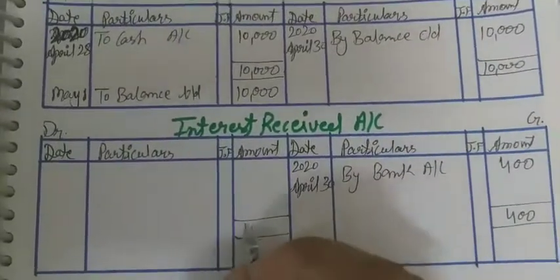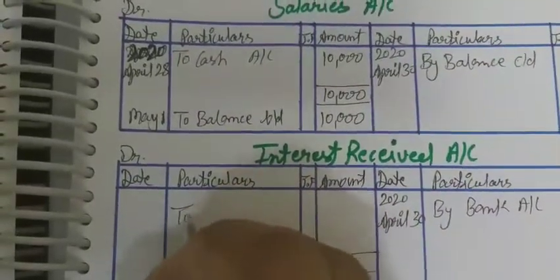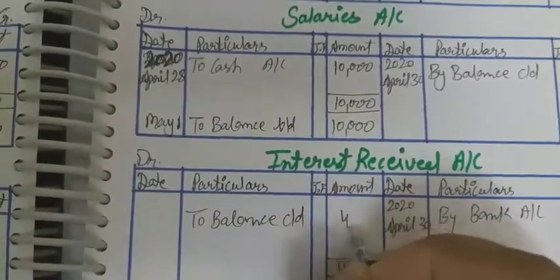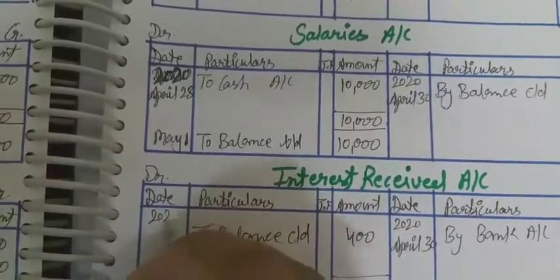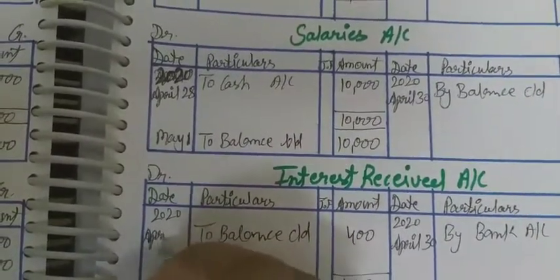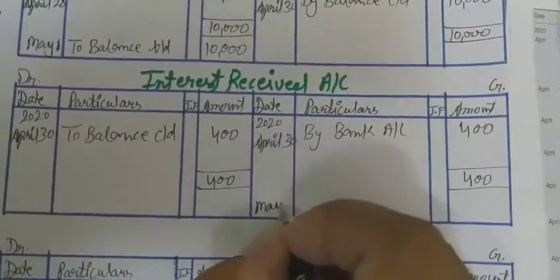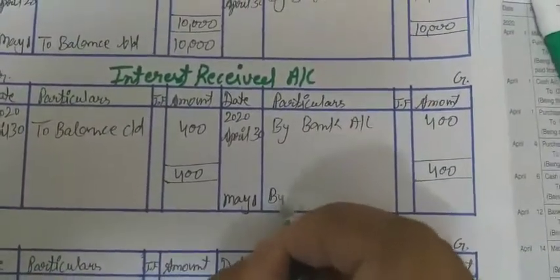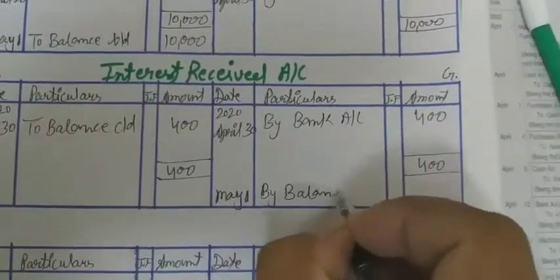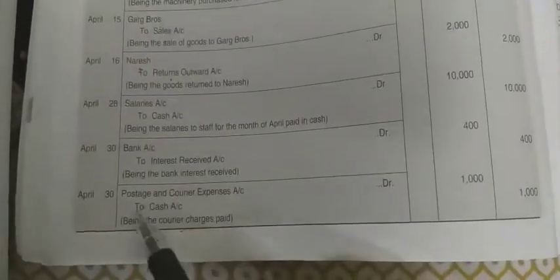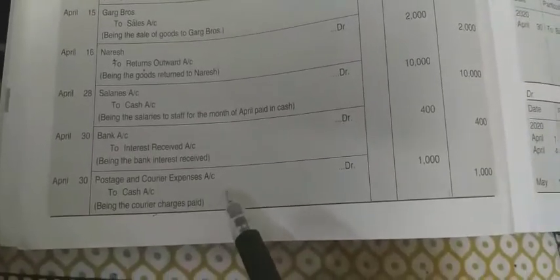So the 400 rupees will show as a balance, to balance CD rupees 400, on 2020 April 30, and it is transferred to the next month's first date, by balance BD rupees 400.